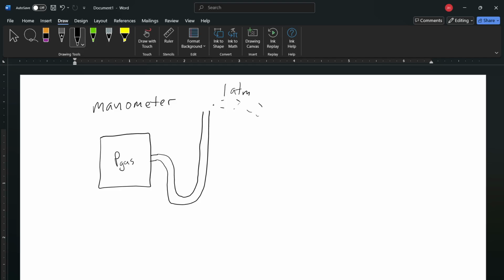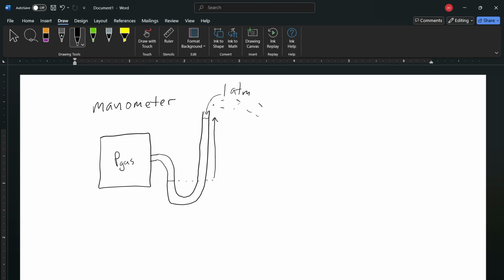All right. Now this side of the tube is open, so the fluid would be open to the atmospheric pressure, which means right there the pressure is also 1 atmosphere. Okay. So if the pressure in the gas is larger than atmospheric pressure, it's going to push this fluid such that there is a height difference here.